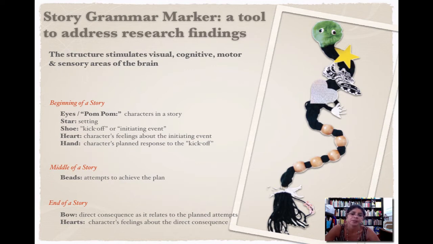That whole sequence right there is the beginning of a story. Then you have the 5 beads, and that represents the middle of a story. So the beads are attempts to achieve the above beginning story plan. And then you have an end of a story. The bow, the direct consequence as it relates to the planned attempts, and hearts, the character's feelings about the direct consequence.